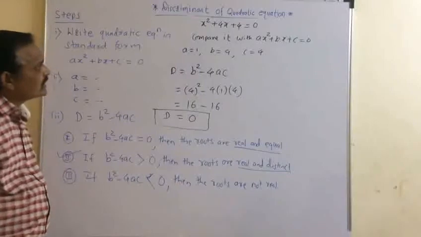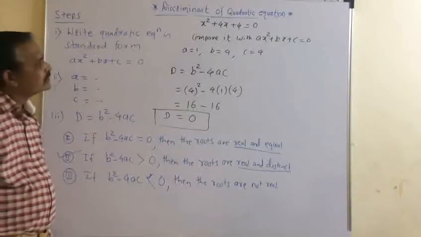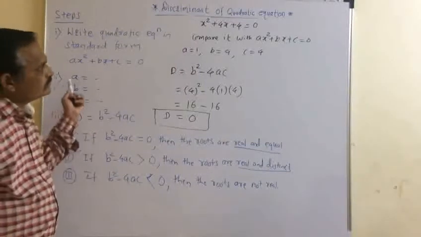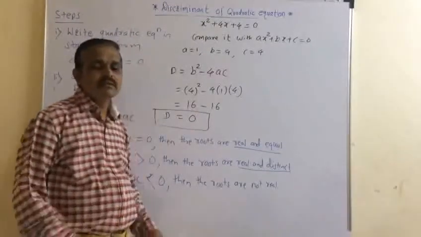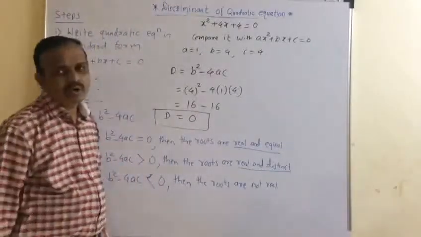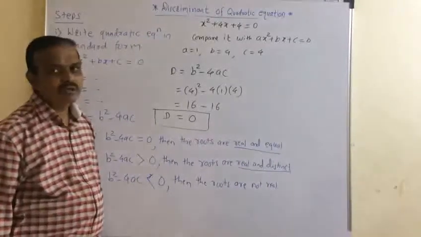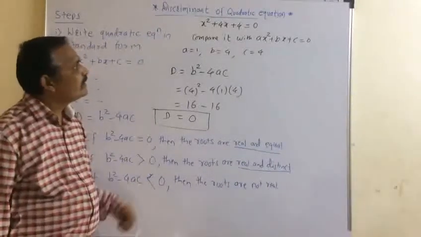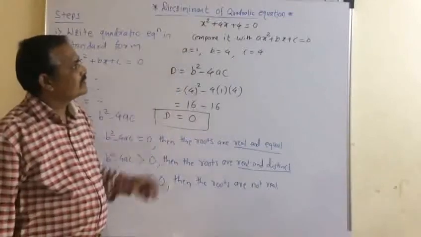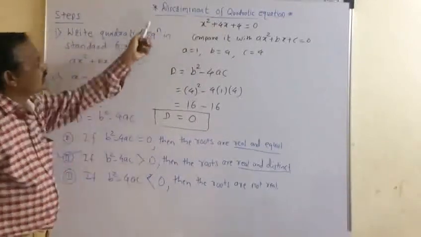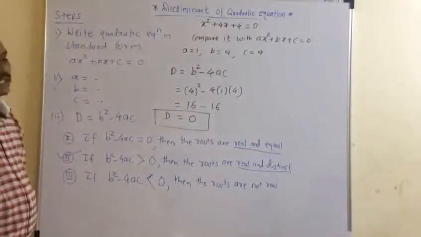Students should do more practice, because practice is the fundamental key to all success. So it is very important to do more practice on the discriminant of a quadratic equation.